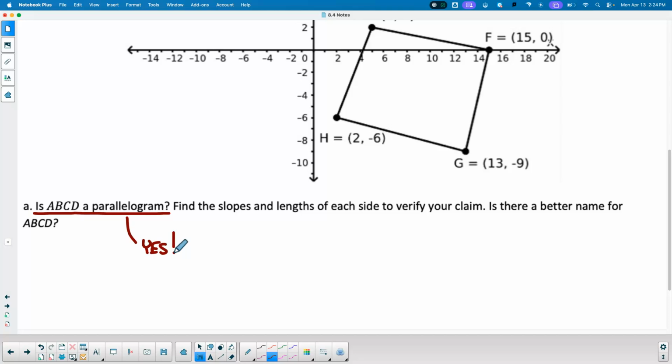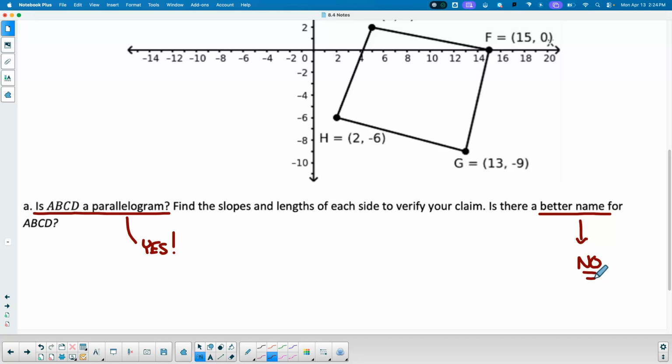Why not? So it's not a rhombus because it doesn't have 4 congruent sides, and it's not a rectangle because it doesn't have 2 pairs of opposite reciprocal sides, right? Which means then it's not a square. So it can't be anything but a parallelogram.